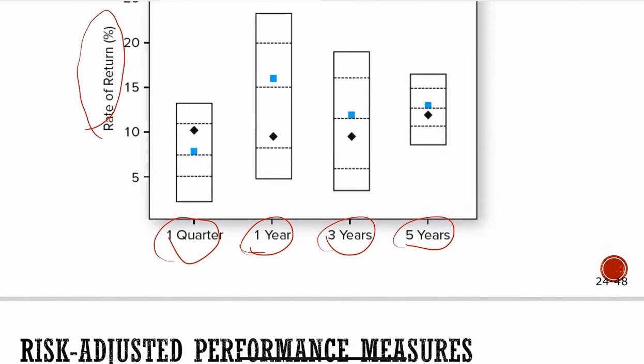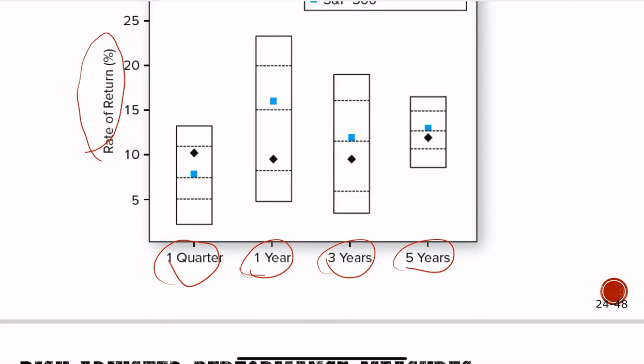1 year means the last 12-month return. 3 years means the last 36-month return. 5 years, the last 60-month return. And these lines actually represent percentiles. So this is the bottom 5th percentile.